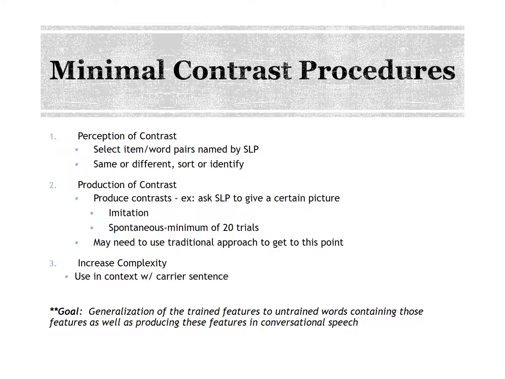Here the words are placed in front of the child, and as the clinician, you are going to model all the words, both the target and the contrast word, and then you ask the child to imitate to determine if the child is stimulable and can produce that sound or word using that direct model, or that imitation.